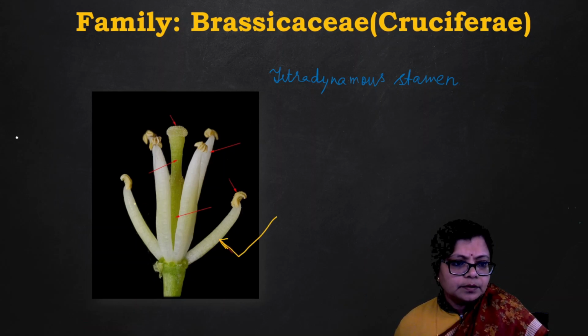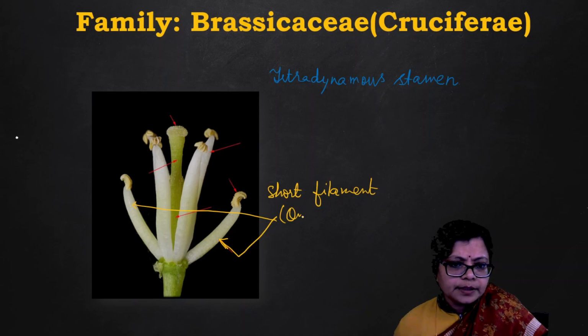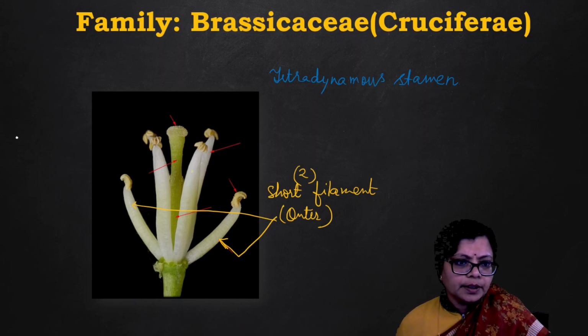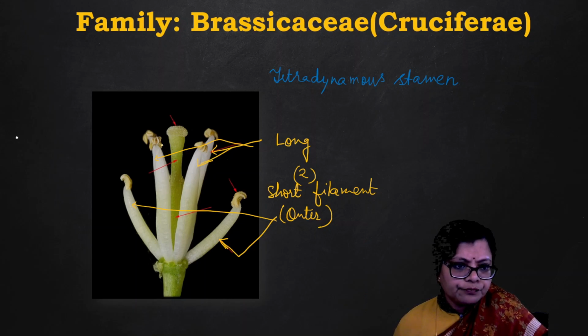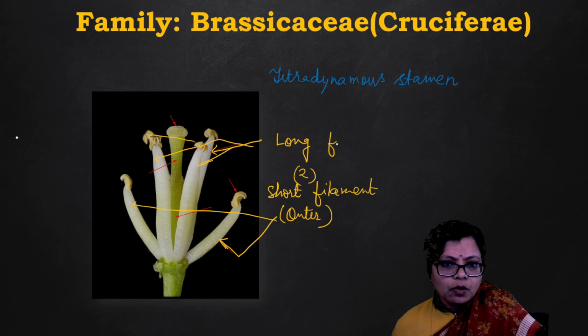This one and this one. Short filaments are present on the outer side, outer two stamens, 2 in number. And these stamens are with long filaments, these 4, 1, 2, 3, 4, are with long filaments present towards the inner side. How many in number? 4 in number. So inner side.